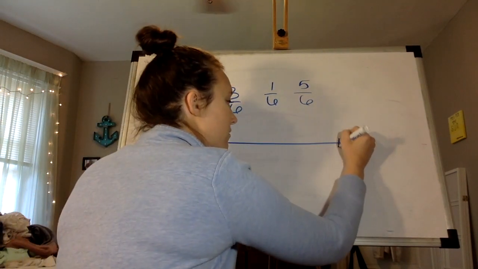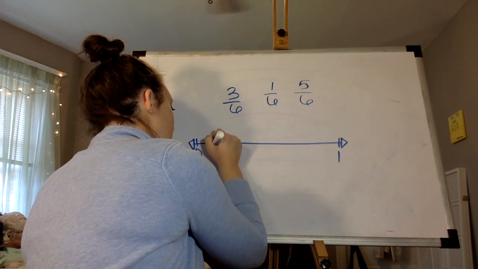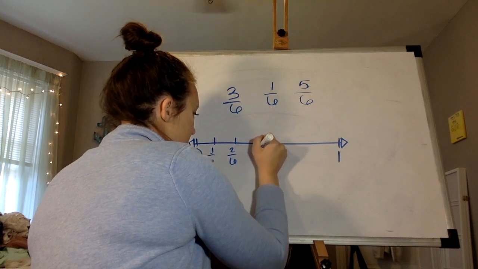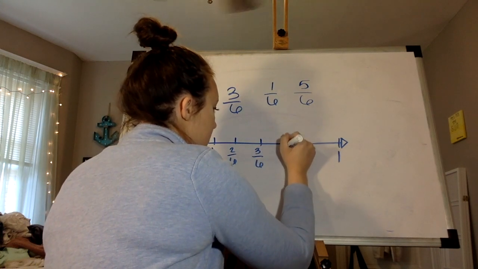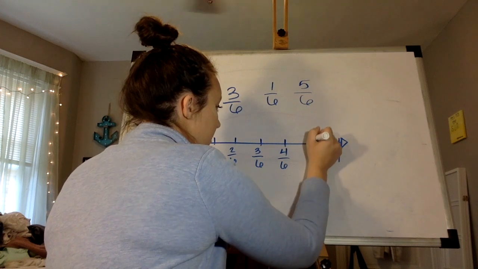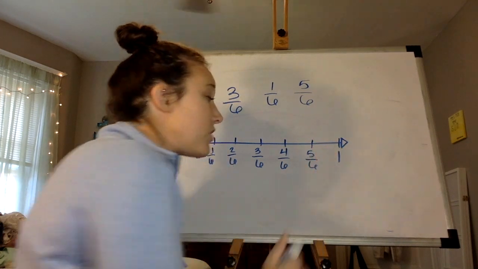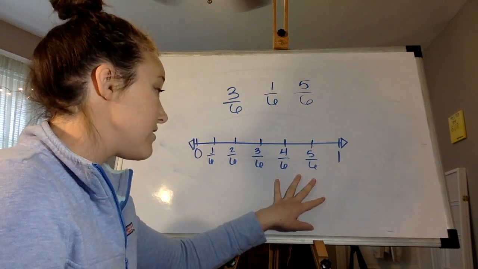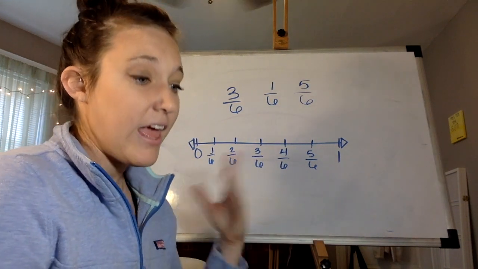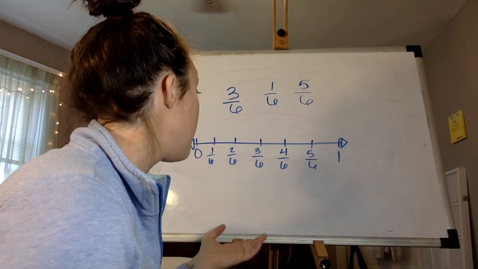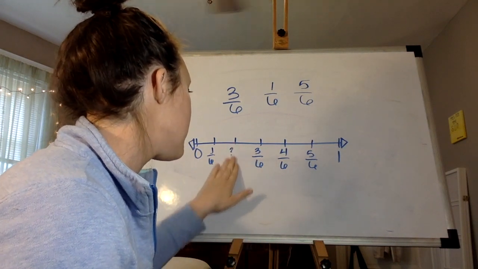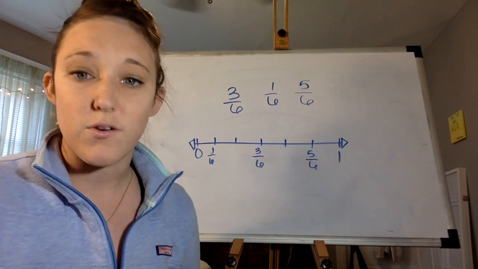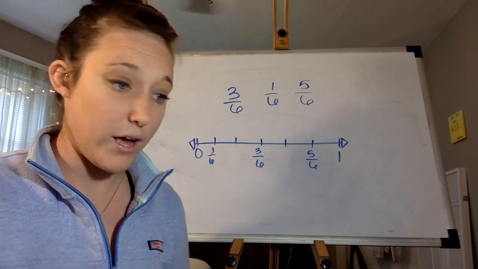Got my 0 and my 1, and here we go. 1/6, 2/6, 3/6, 4/6, and 5/6. Since I'm putting them on a number line, I want to make sure that I have all of the fractions from 0 to 1. If you want, you can just put the tick marks and erase the 2/6 and the 4/6. But it's really up to you as long as you have 6 equal shares.